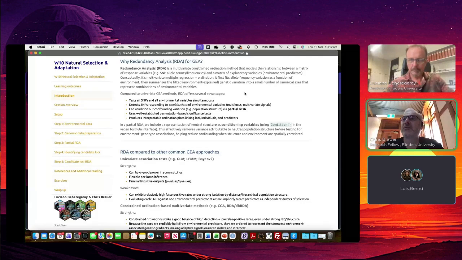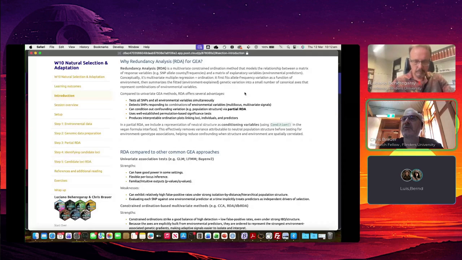And the big one for this sort of stuff is the neutral population structure. So if you have a population that might be subdivided, and different parts of the range of the species might be connected by varying amounts of migration, connectivity, then you're going to get patterns in your genetic data that might mimic associations with the environment, because the environment varies over space in the same way that structured populations might vary.